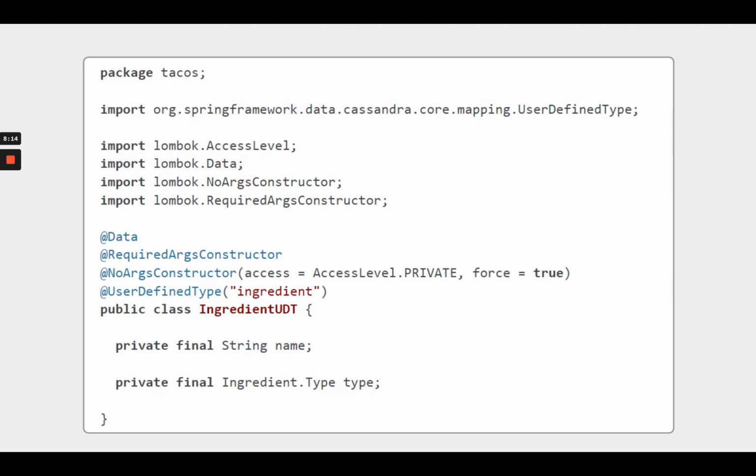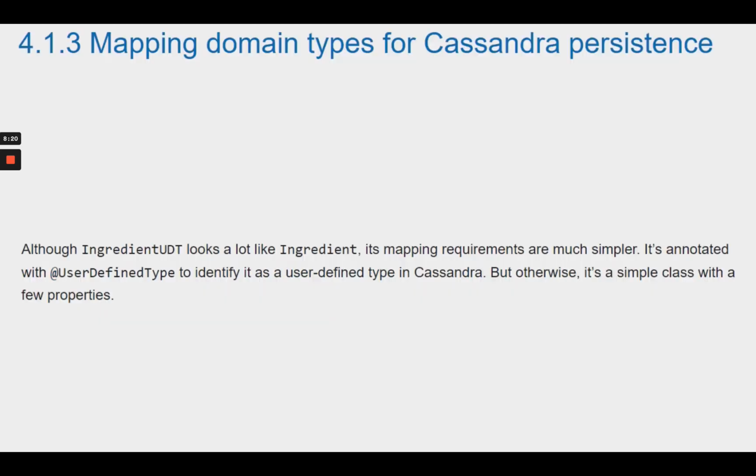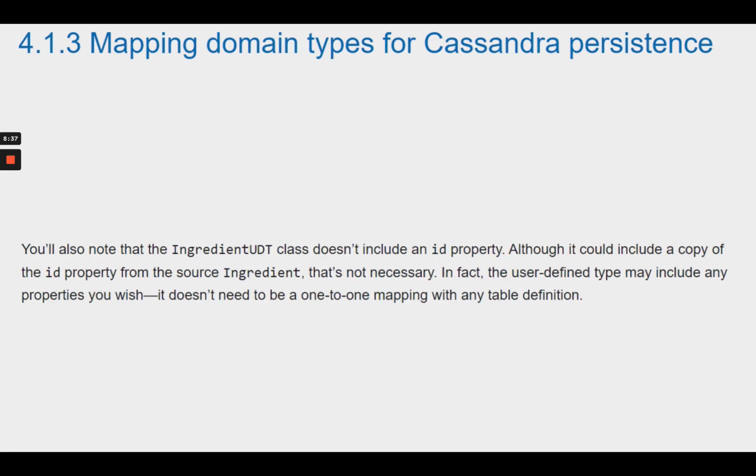IngredientUDT, where UDT means user-defined type, is the class for the job, as shown here. Although IngredientUDT looks a lot like Ingredient, its mapping requirements are much simpler. It's annotated with @UserDefinedType to identify it as a user-defined type in Cassandra. But otherwise, it's a simple class with a few properties.